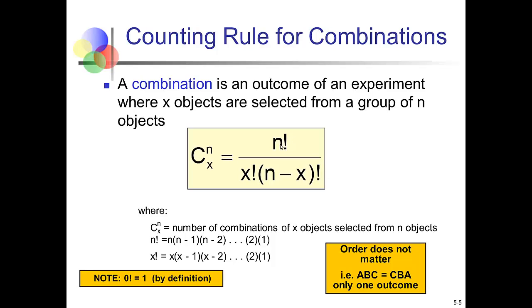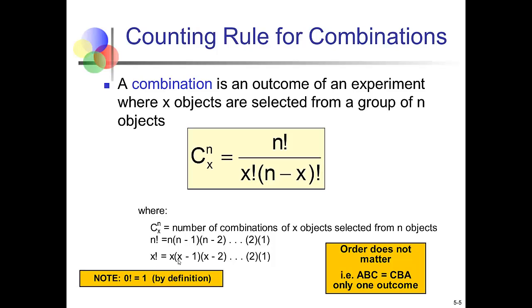If you haven't seen factorial before, we define that for you down here. n factorial is really just n times n minus 1 times n minus 2, and so on, till we get down to 2 times 1. So if this were 10 factorial, this would be 10 times 9 times 8 times 7 times 6 and so on, times 2 times 1. x factorial is the same idea.